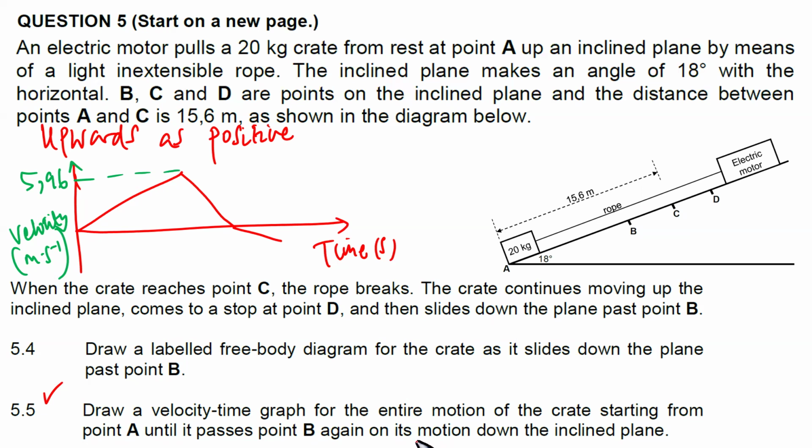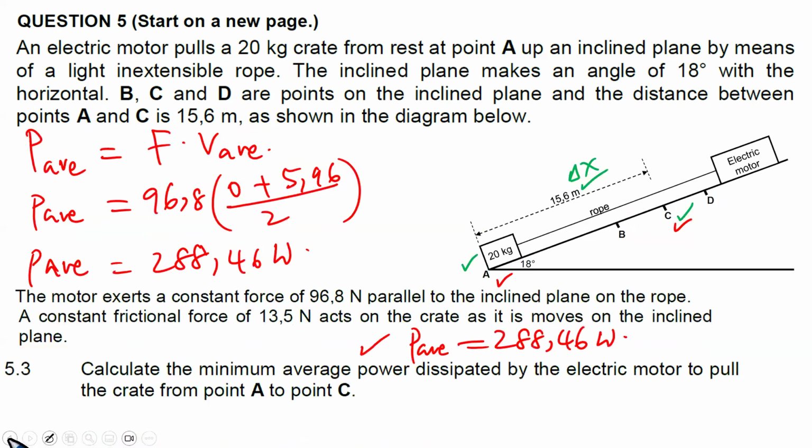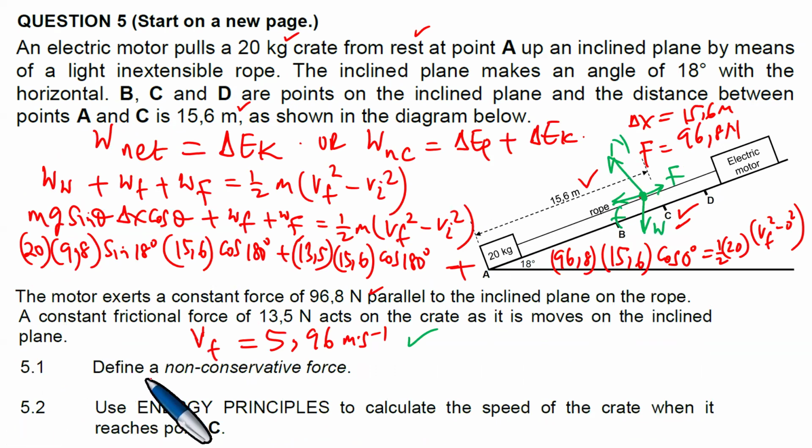Right, so there are a couple of things that are important. Let's analyze these together. You would remember in our previous calculation that we used the energy principles to calculate the speed of the crate when it reaches point C. When it reaches point C, it was 5,96 meters per second.